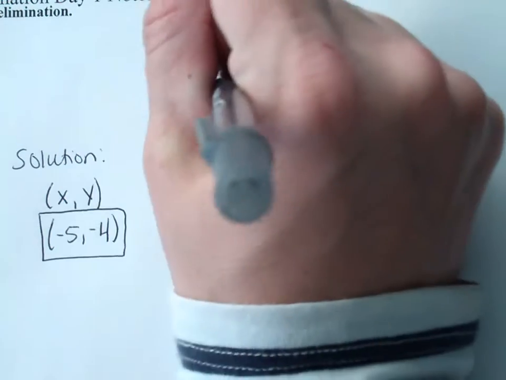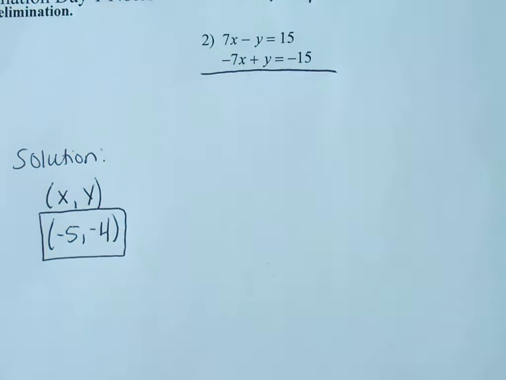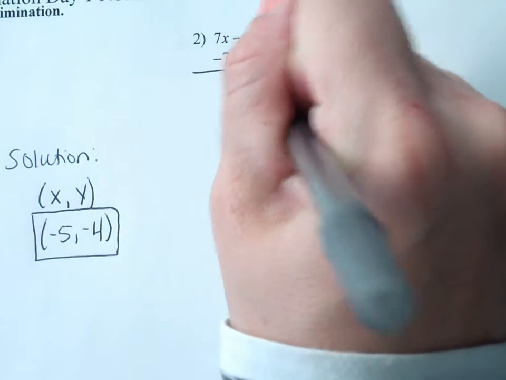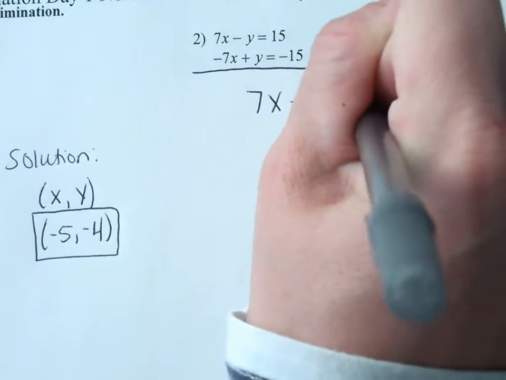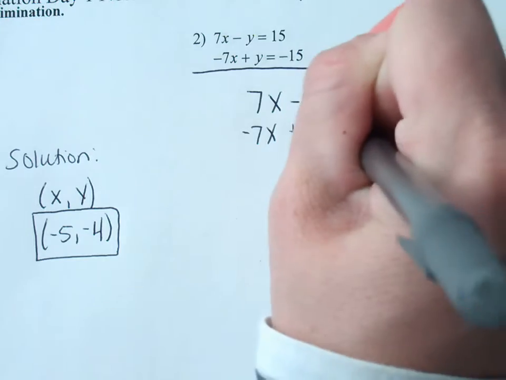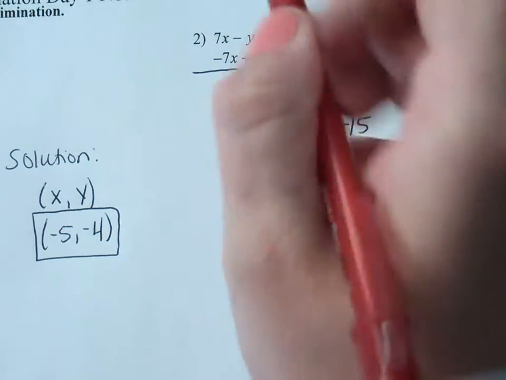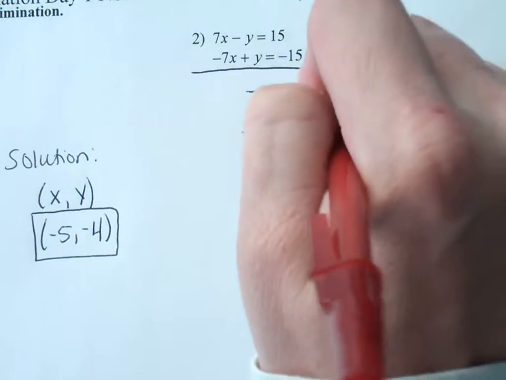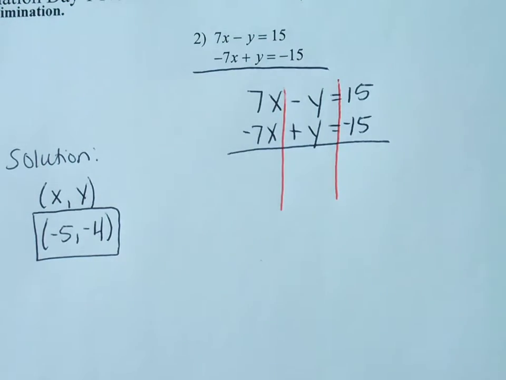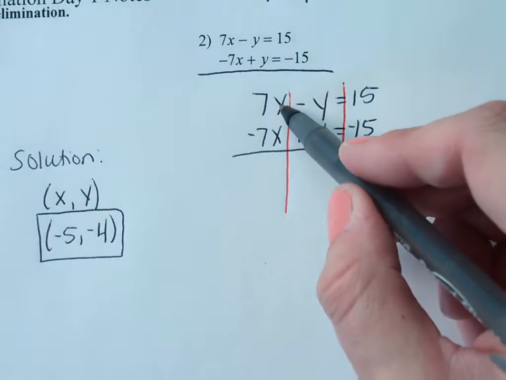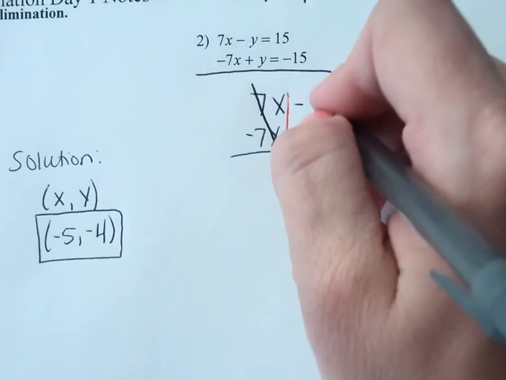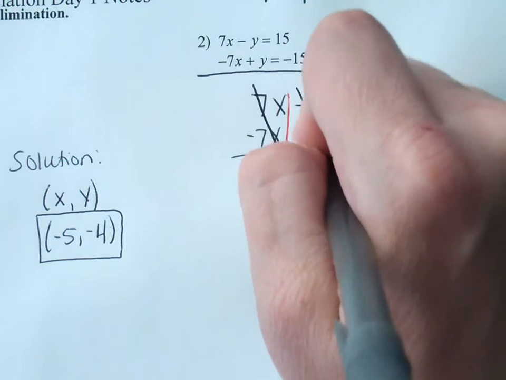Example 2. I'm going to rewrite mine so I can make nice columns. Alright, so I like to make my columns to begin with. Alright, so now we have to see what are opposites. 7x and negative 7x cancel to 0, but so does negative y and positive y.